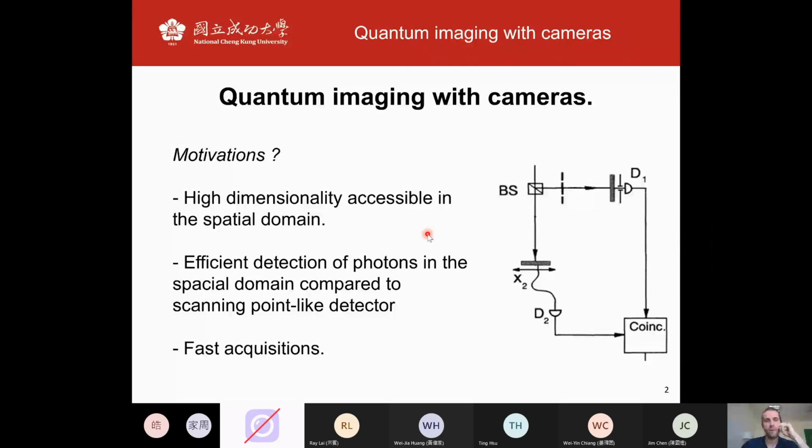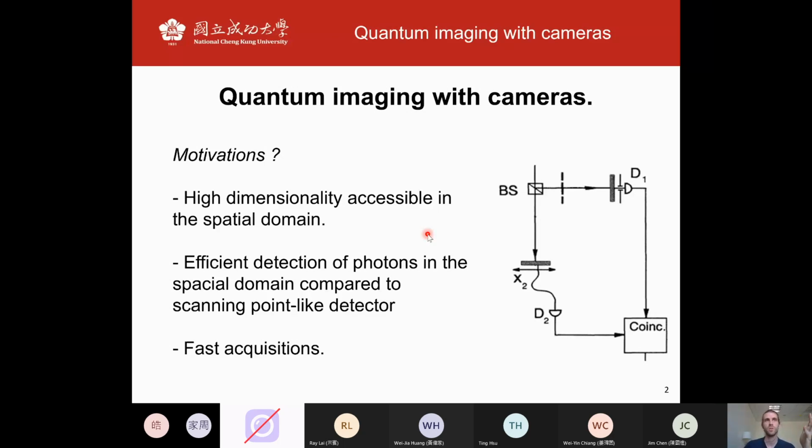But if you can have a camera, you will reduce your acquisition time quite a lot, but also you will increase the efficiency of your protocol or of your detection of the quantum feature, for example entanglement, as we will see later. So you will increase this efficiency.